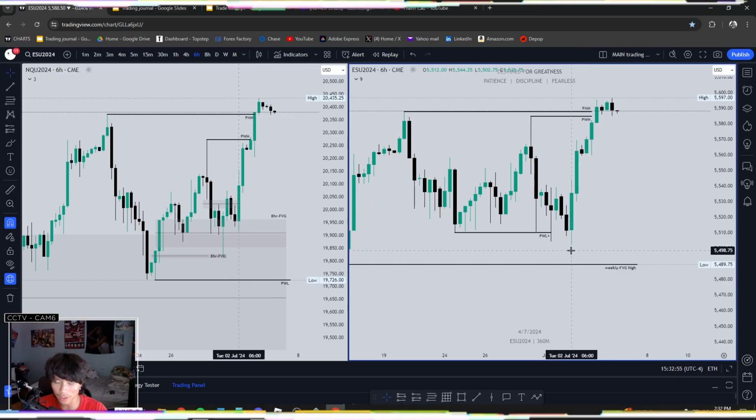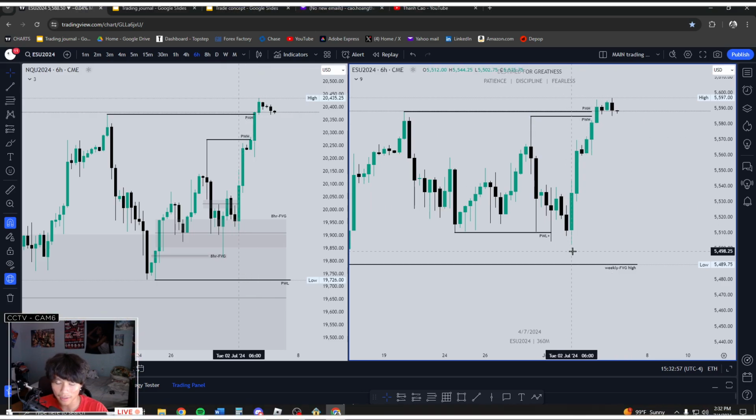So this low right here should be respected, and it should also be respected because of the SMT here. That SMT just adds, like I said, more confluence to this low not being revisited.